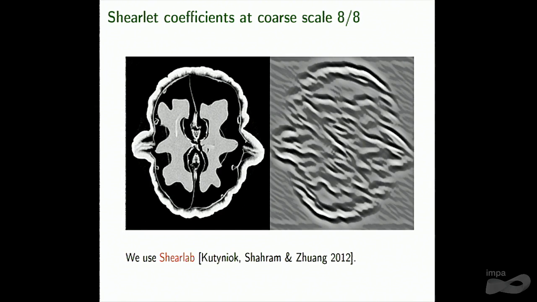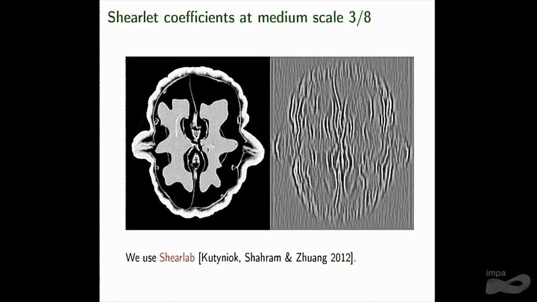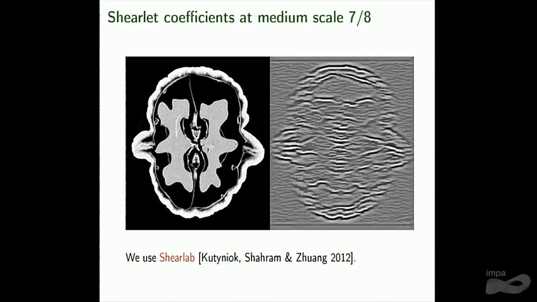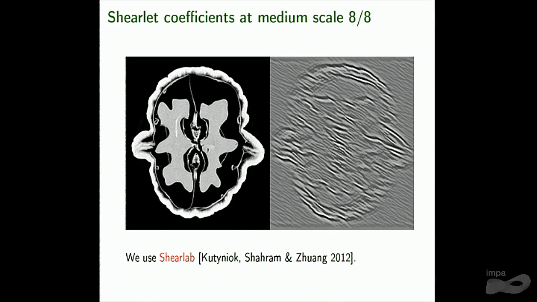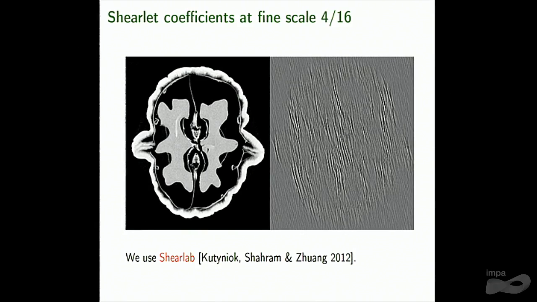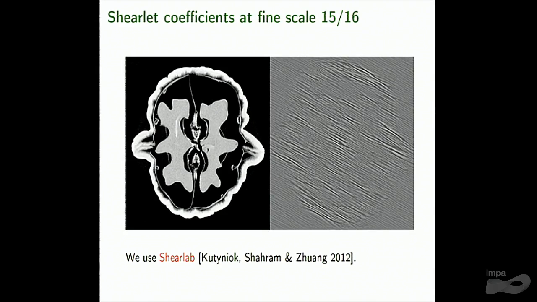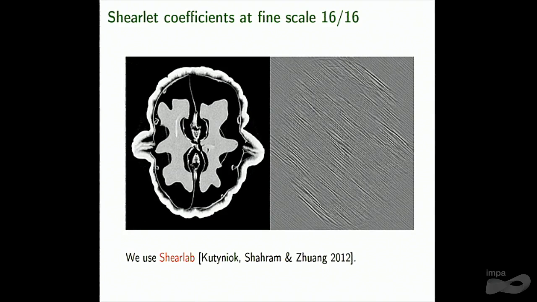Then we go to one step finer scale, smaller details, and the same number of directions, 8 directions. And then we go to yet finer scale, and now there are 16 directions.